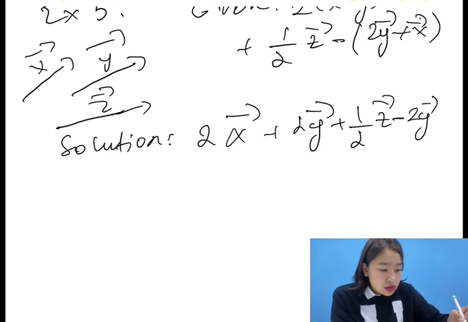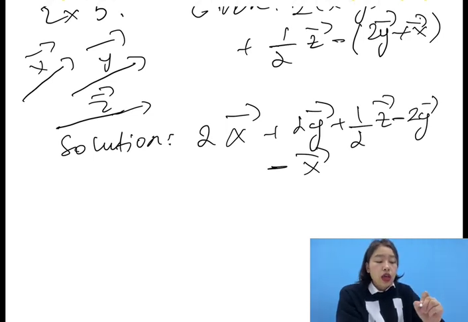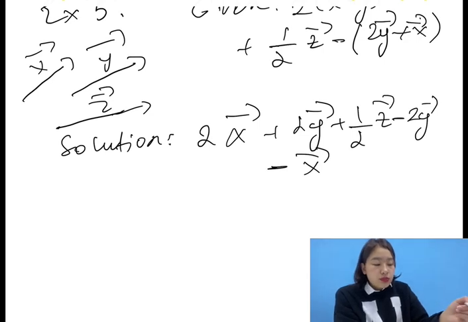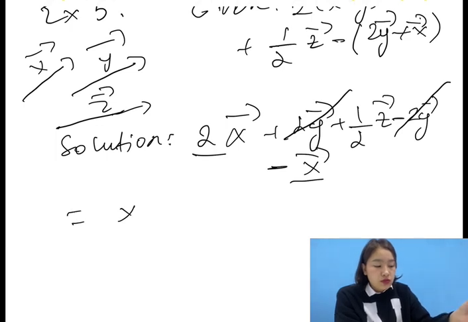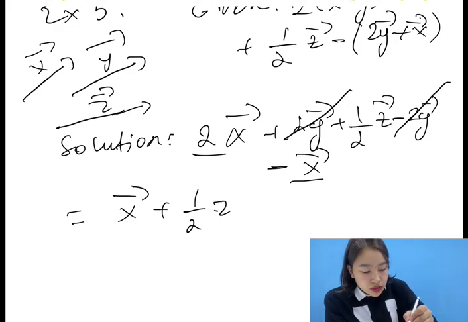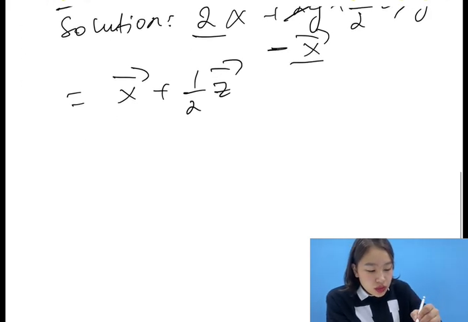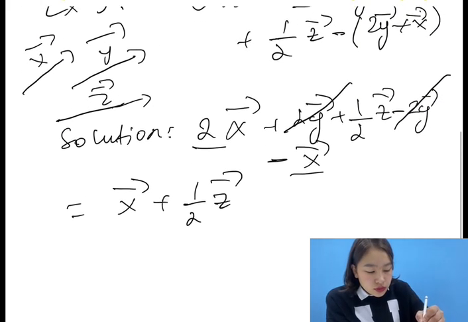So open, minus 2y vector minus x, change the symbol. Yeah? And here, just simplify, we have the negative and the positive y, so simplify, and the x also. It will give us just the x vector plus 1 over 2 z vector.